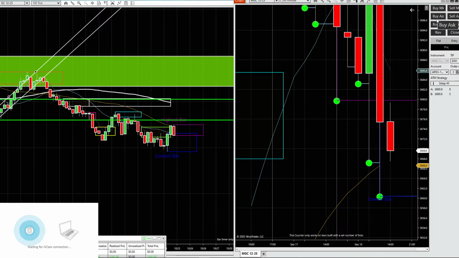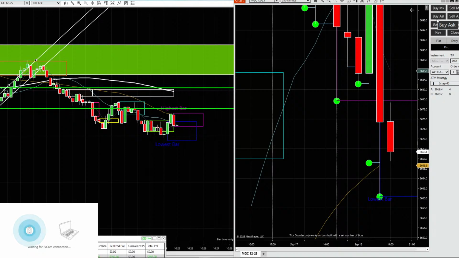Here you go. This one comes down past the low of that wick right there. That is not passing it. That's passing it. That could be considered a third attempt. I mean, a really bad third attempt, but yeah. It really didn't even try, honestly.